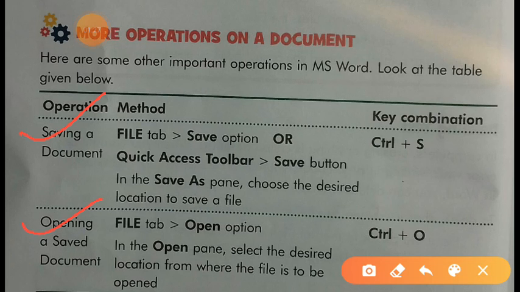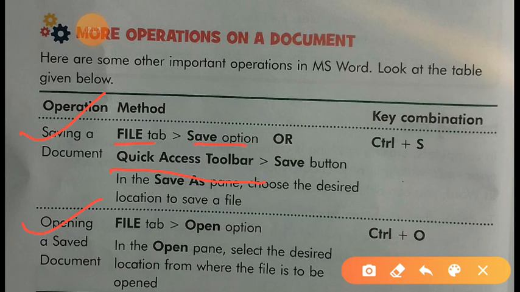The first method is you have to click on the File tab, and then click on the Save option, and then a dialog box will open. Just type your file name, and then click on the Save button. And the second method is using the Quick Access Toolbar, you can save your document.